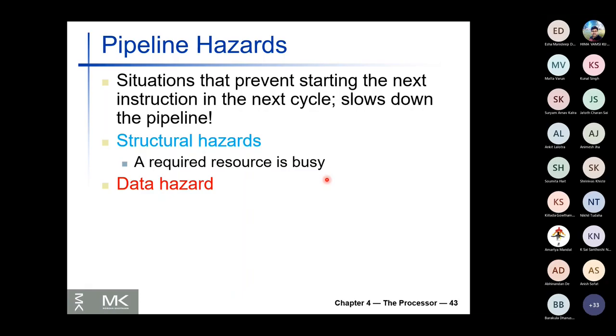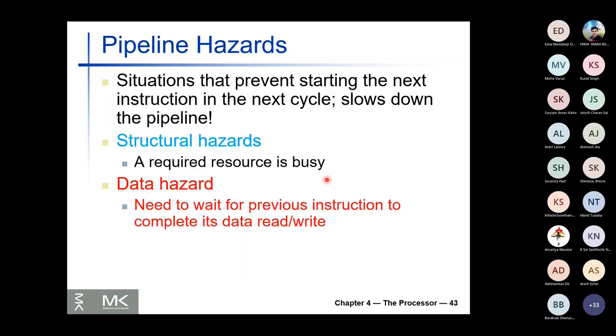So you want that data. But the data may not be available when you want it, and therefore you may need to wait until the previous instruction finishes its work. These are called data hazards. We will show examples of how structural hazards and data hazards might creep in. And what kind of other hazard might you think of?